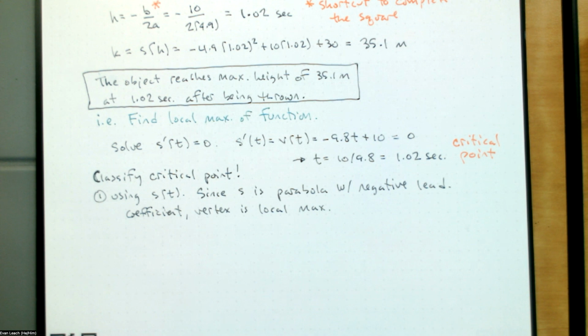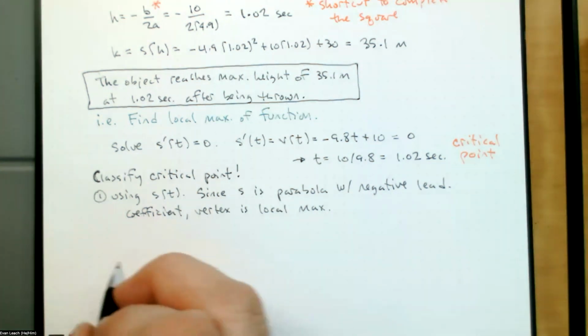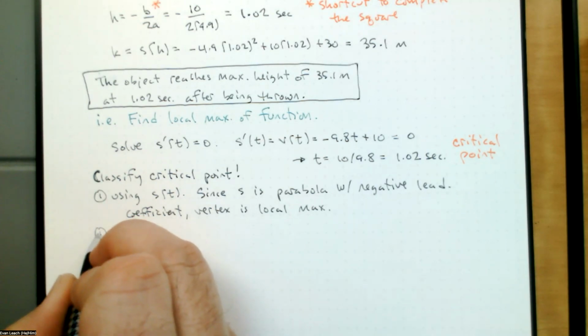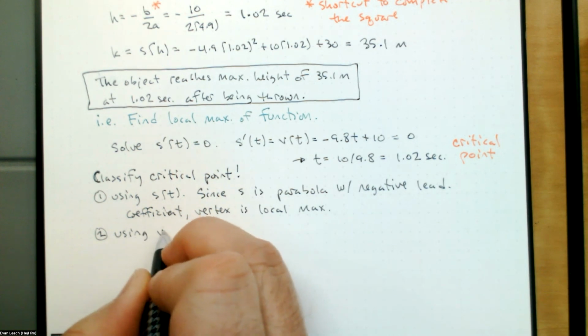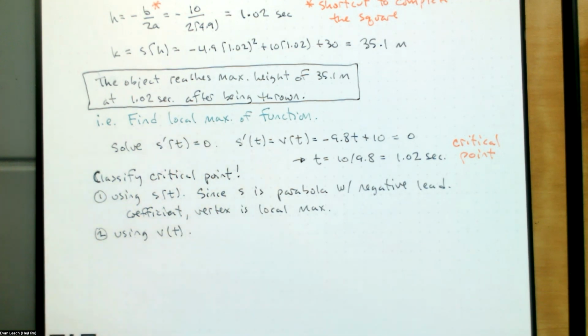We can classify this critical point using the first derivative. The critical point is the time when the velocity is zero, and that means it's a time when the velocity is possibly changing direction.